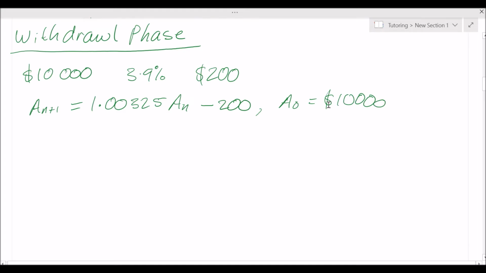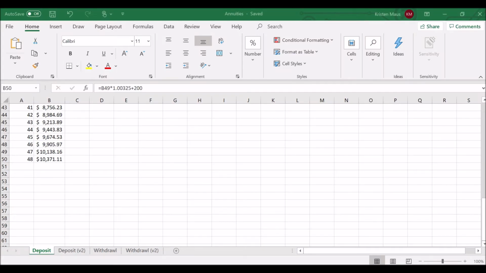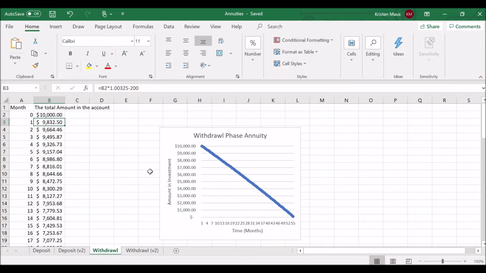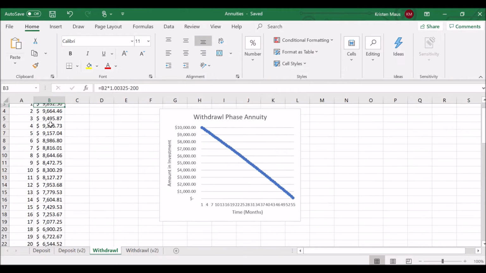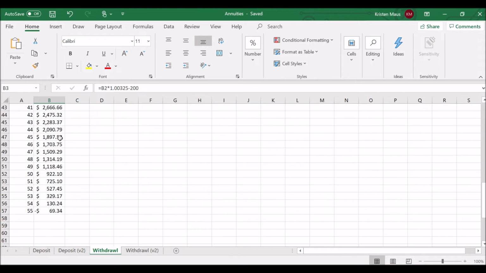Okay, so if I turn that recursion relation into, once again, an Excel spreadsheet, you can see, here's my formula here, withdrawing over time. And you can see if I scroll down, that's going to take about 54, 55 months to completely deplete. Okay.